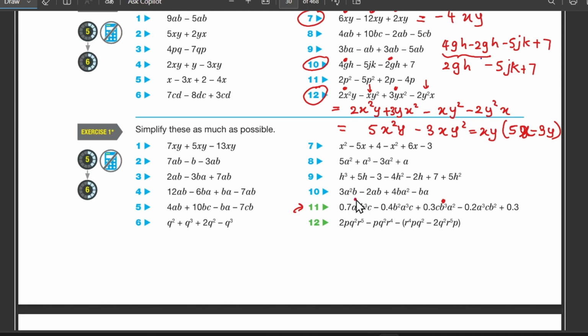So these two are like terms, and these two are like terms too.